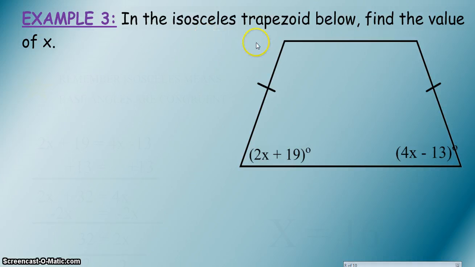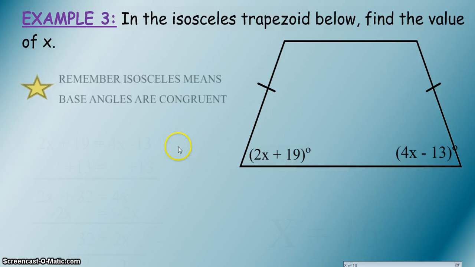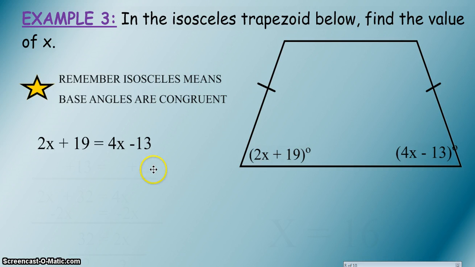Once again, in the isosceles trapezoid below, can we find the value of X? Isosceles trapezoid means these two angles are going to be congruent. So we're going to set those equal to each other. We're then going to get all our numbers on one side.